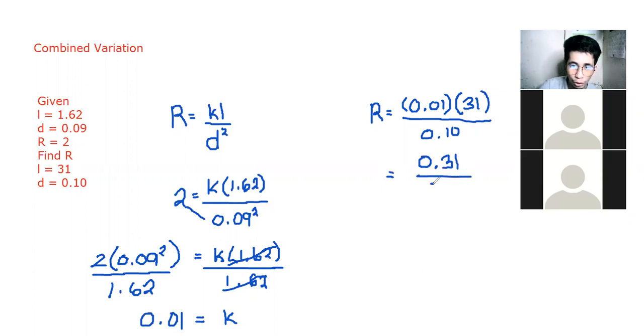Over 0.10. So, 0.31 divide natin kay 0.10. Magkakaroon tayo ng sagot. Ang resistance niya ngayon, ang R niya ngayon is 3.1. So that is our R ngayon, 3.1.